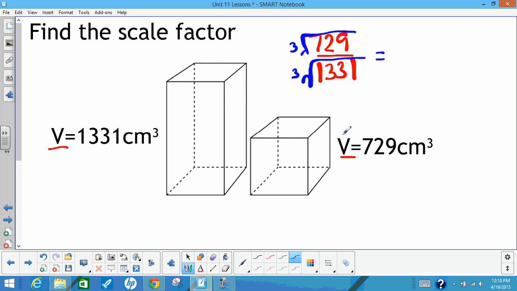A cube root, as a reminder, is the same as x to the 1/3 power. So if we want to find the cube root of 729, we can just do 729 to the 1/3 power. Our graphing calculators have a cube root function, so we could also use that. So it's basically what number multiplies by itself 3 times to get 729.